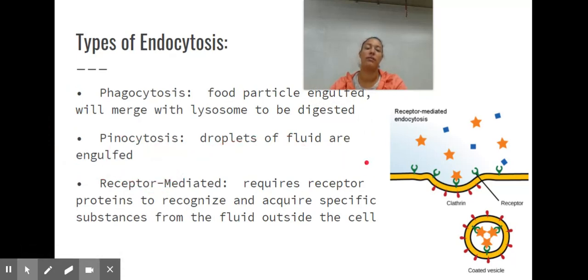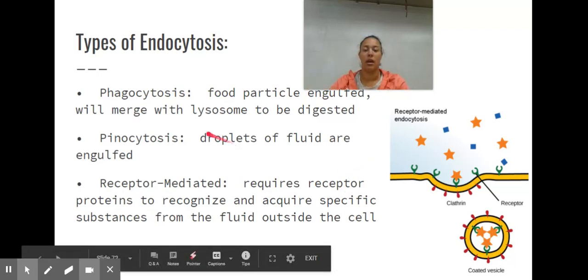Pinocytosis is bringing in fluids. So that again is endocytosis. Fluids are coming in, but it's going to be that vesicle for various fluids besides water, which can freely flow across the cell.